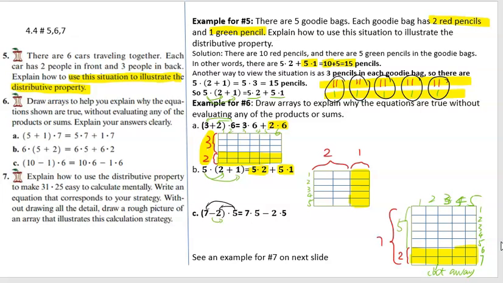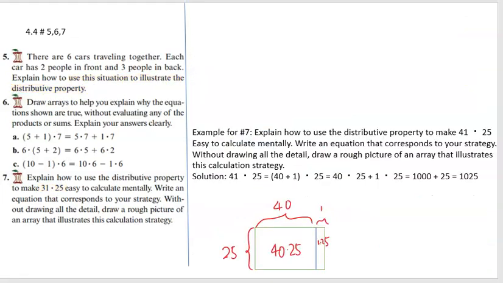So for number 7, explain how to use the distributive property to make 31 times 25 easy. So notice that we also have the number 25 because 25 times 4 is 100. It's an easy calculation. And if you remember in the previous section, we did a homework question example like 12 times 25.